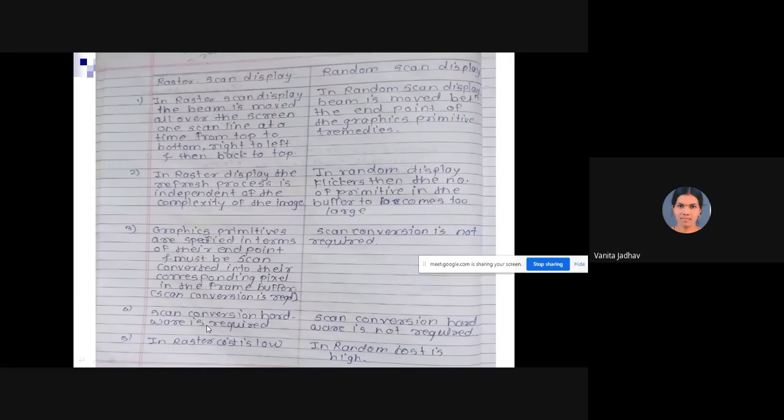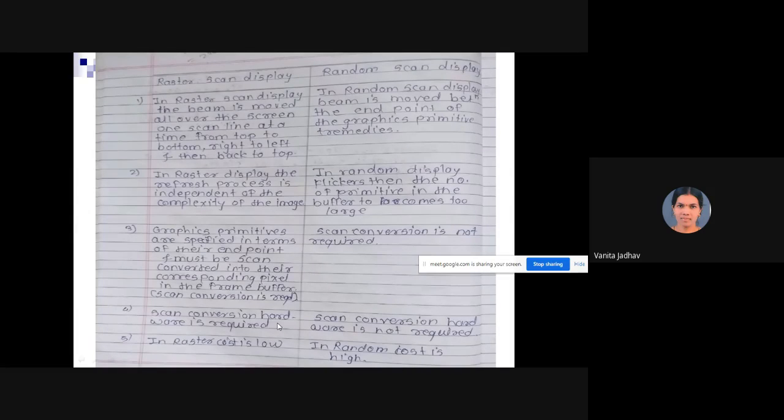Like if I want to draw a triangle with the help of raster scan display, in that case you have to take the help of hardware. So extra hardware is required as scan conversion is required. Scan conversion is nothing but a software technique, and to implement that software technique, we require the hardware. For a while, just keep in mind that hardware is required.